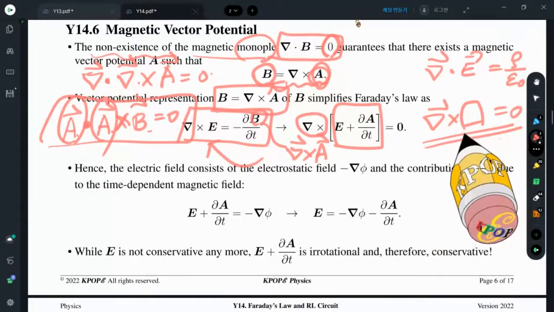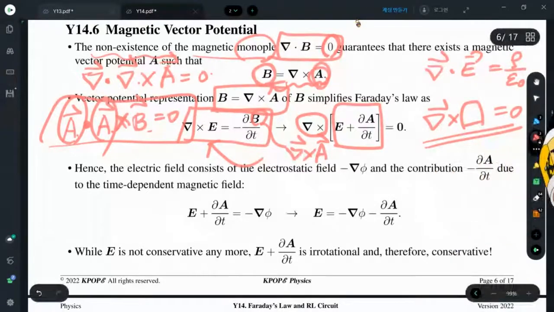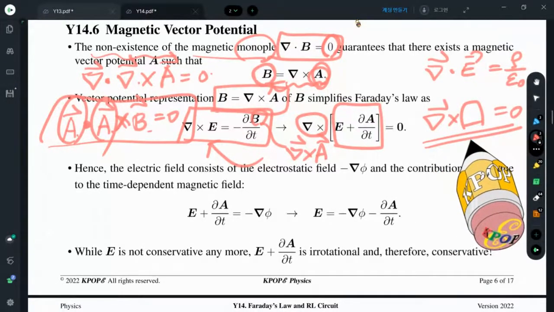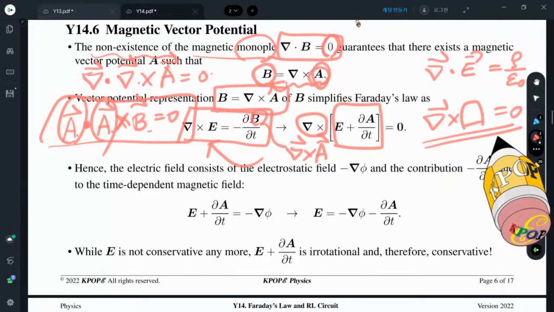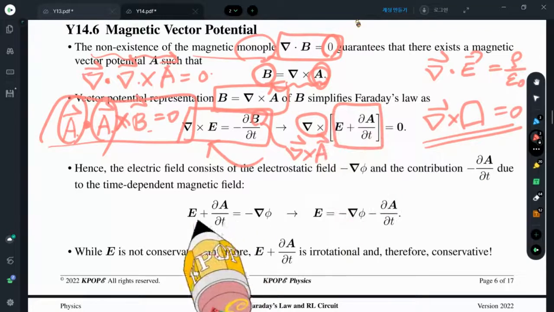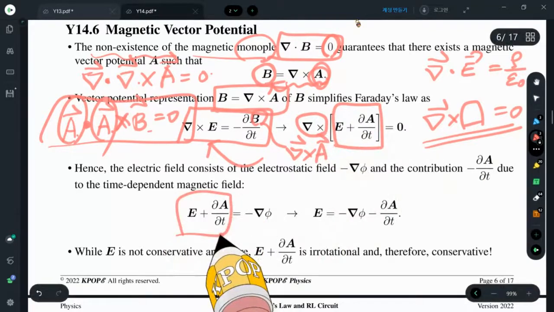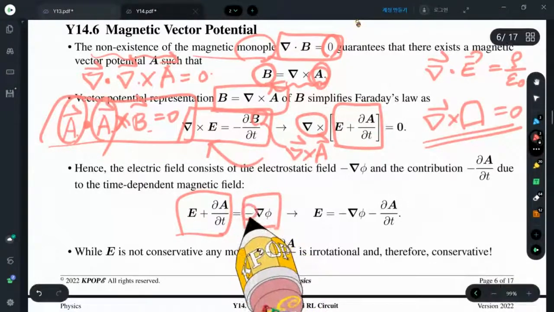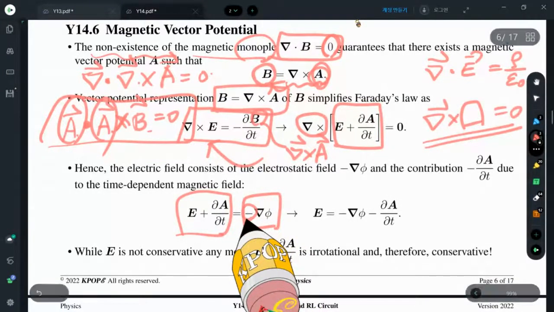Any central force satisfies curl something equals 0, so we were able to make use of total mechanical energy conservation for that case. So this can be identified with the gradient of something. The physical sense is the negative sign: force is minus the gradient of potential energy.